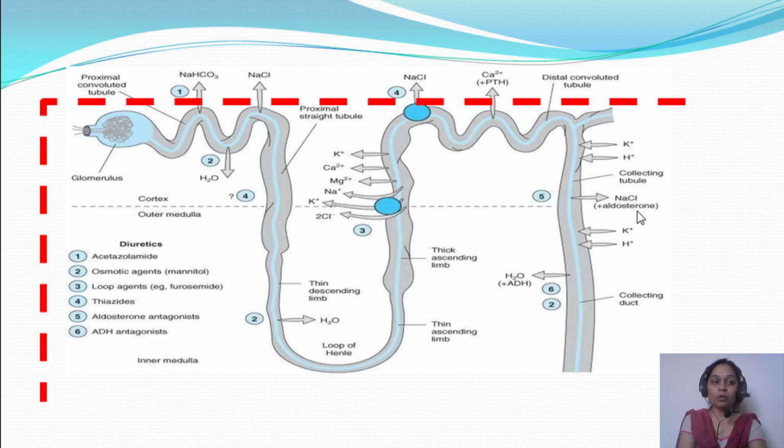Although the reabsorption of sodium ion from these segments of the nephron is not large, this sodium, potassium, and hydrogen ion exchange system determines the final acidity and potassium content of urine.